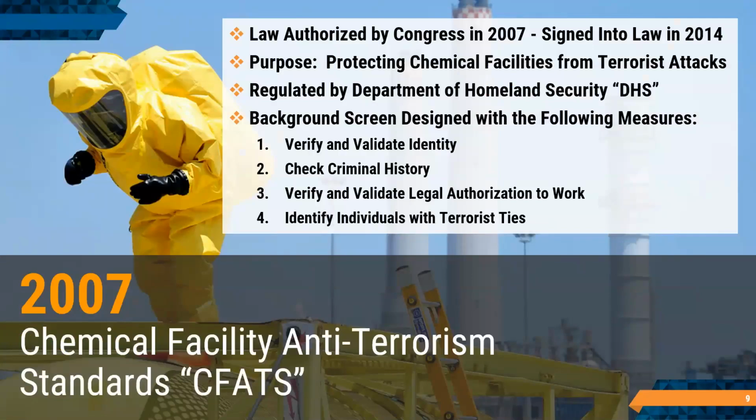Now, the program had specific guidelines that spoke to validating identity, performing a criminal history check, and really tying into Patriot Act searches. So again, these databases that had been developed that could potentially identify known terrorists.